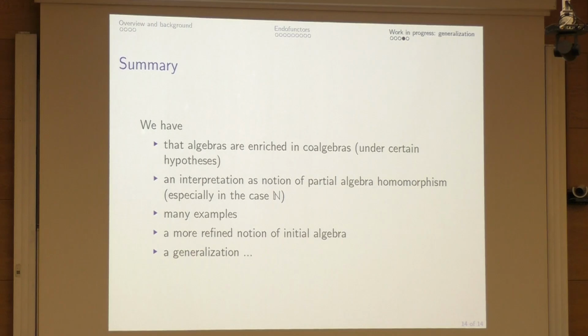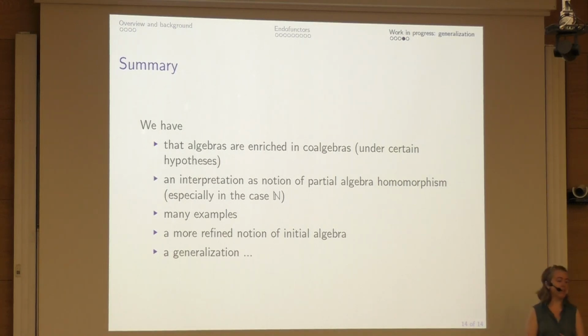Okay, so in summary, we have that algebras are enriched in coalgebras under rather strong hypotheses, but in our main paper we show that functors of interest satisfy these hypotheses. We try to extract the meaning of what this enriched category is telling us, which we interpret as being about partial algebra homomorphisms, examples as I said, and then we try to use this to generalize the notion of initial algebra, maybe heading towards applications in functional programming.